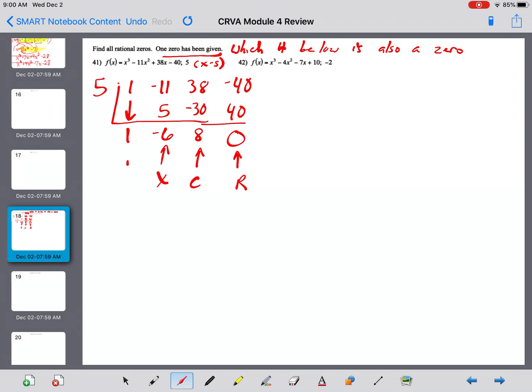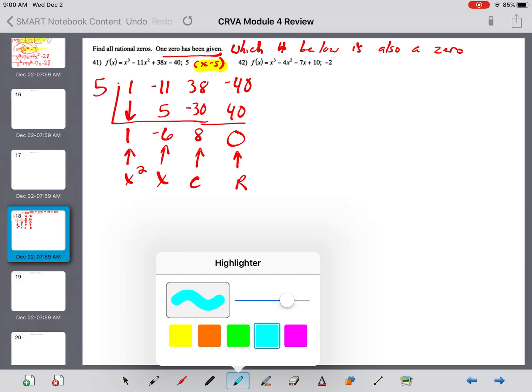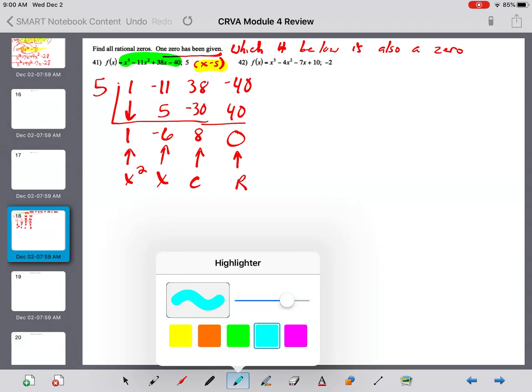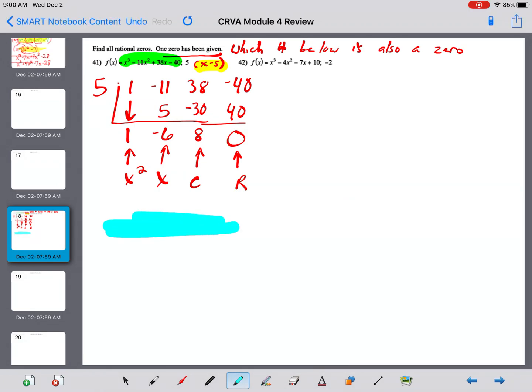But what that does now tell us is when we factor out the factor of x minus 5, when we divide this function right here by x minus 5, what remains is 1x squared minus 6x plus 8.